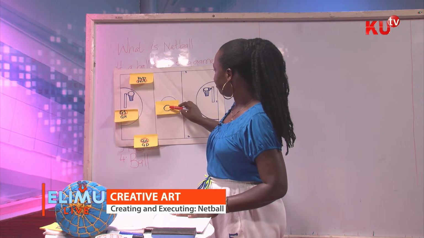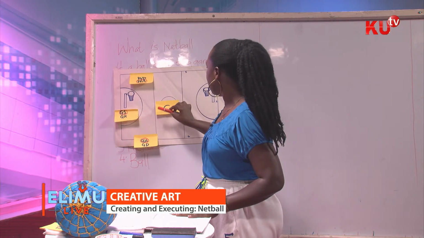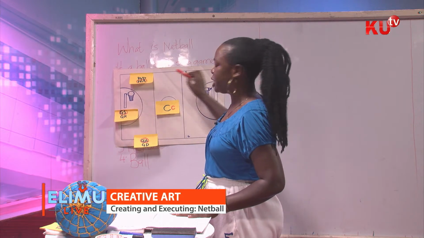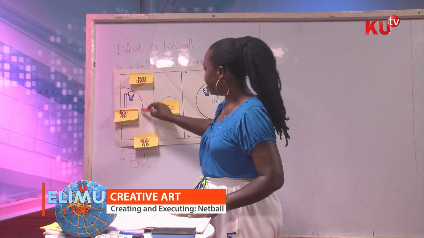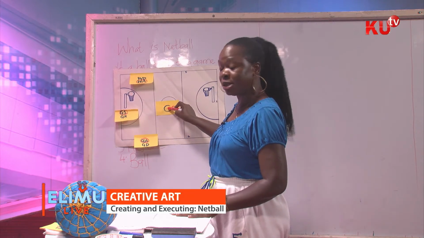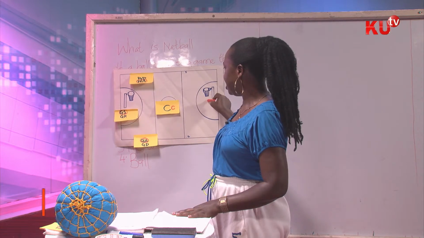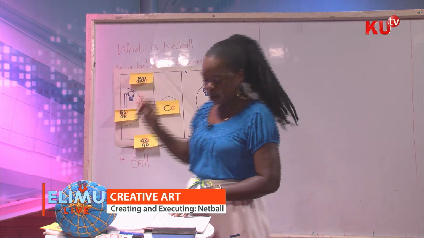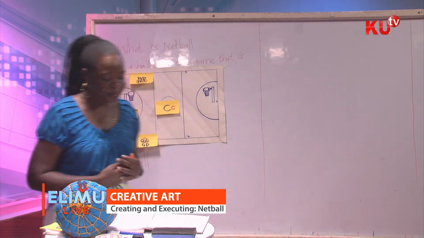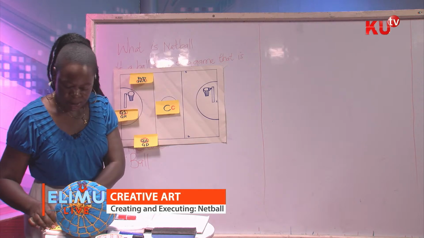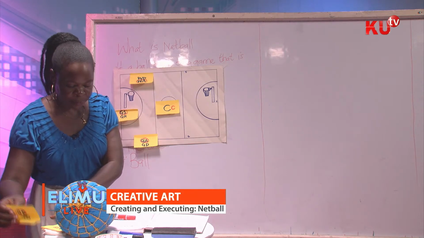This person is allowed to run in every part of the netball court apart from the 2 semicircles. The center person is not allowed to enter the semicircle on this side and the semicircle on the other side. All right, let's go to number 5.